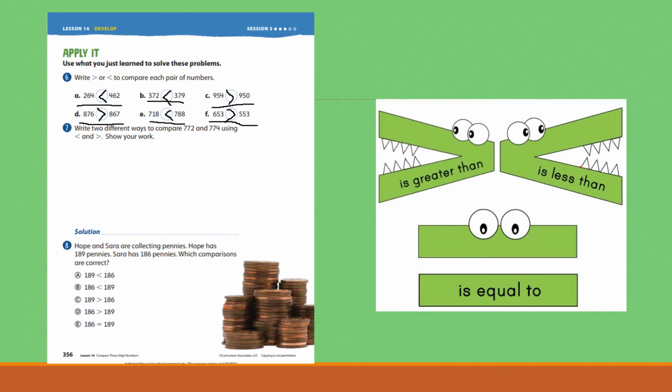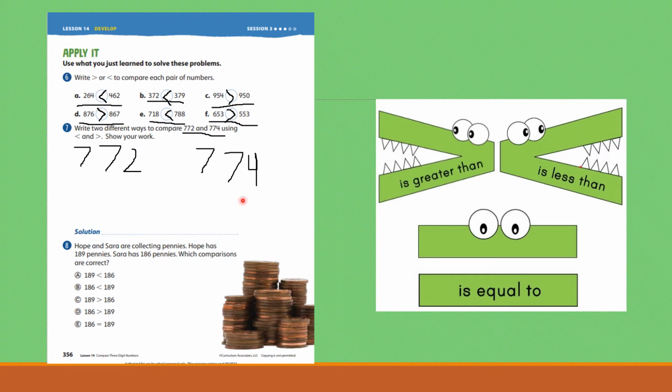It says, write 2 ways to compare 772 and 774 and show your work. I can say 772 and 774. Okay? They both have 700s. They both have 7 tens.